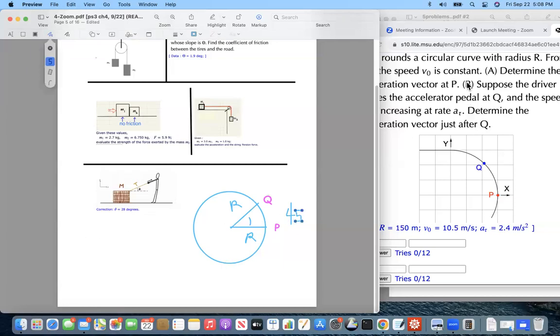Now, part A is about the point P. Well, at the point P, the speed is constant.